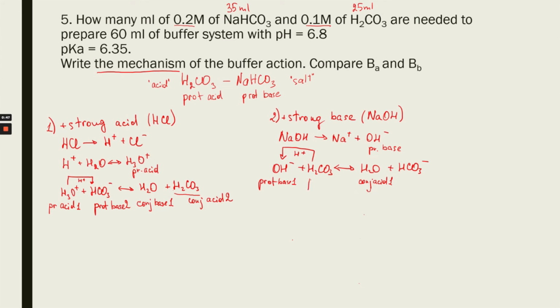And this is proteolytic acid number 2, and this is conjugated base number 2. And in that mechanism, we show that strong base NaOH that can influence on pH. It is replaced with weak base HCO3-. It is a weak base.